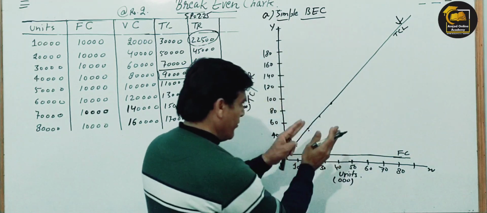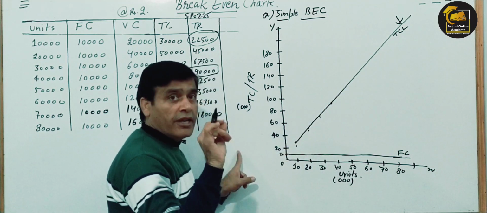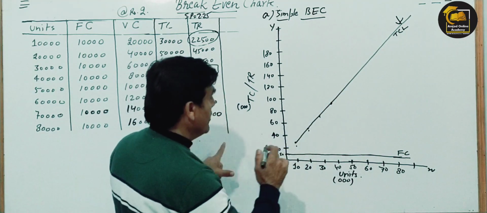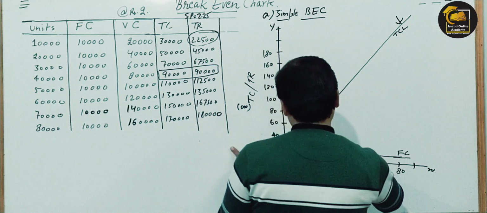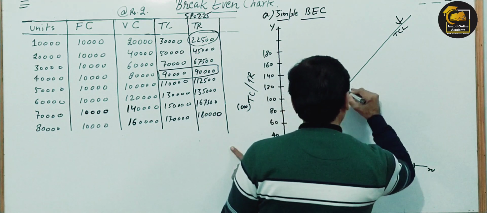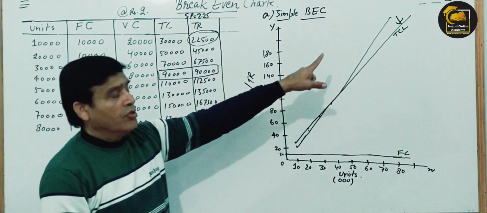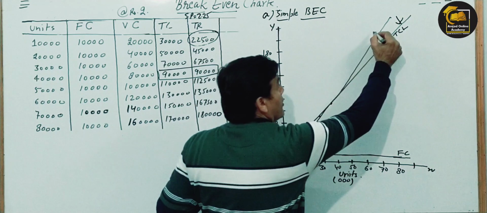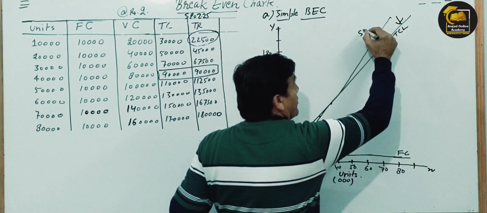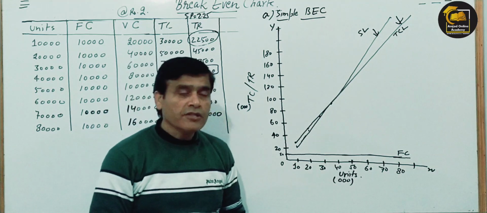So if you are going to drop the point at every figure, again you will find that it is a straight line like this, intersecting your total cost line. This will be known as the sales line, SL. This will be known as the revenue line, total sales line.